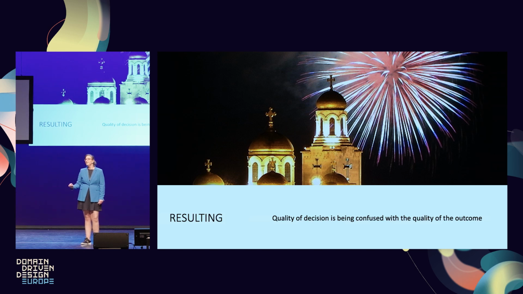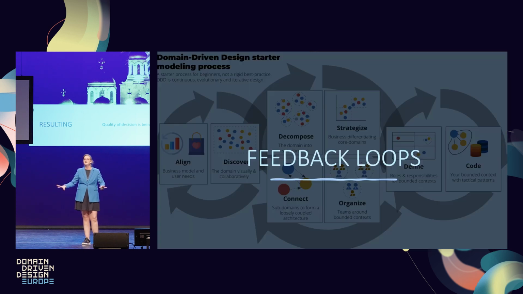And there was no word for that in any of the decision-making books that I read. But then I wrote a book about playing poker, and they call that resulting. And resulting means confusing the quality of your decision with the quality of your outcome. And if you want consistency, you have to be able to separate that.